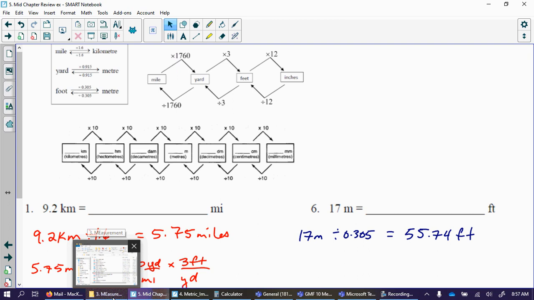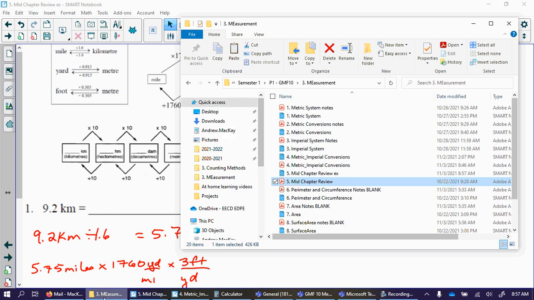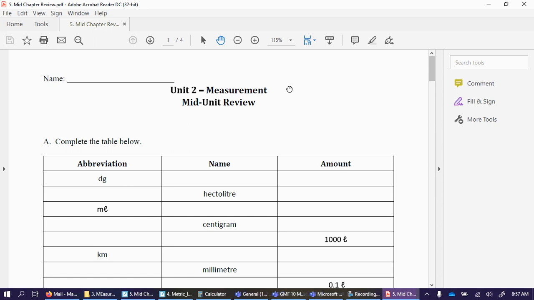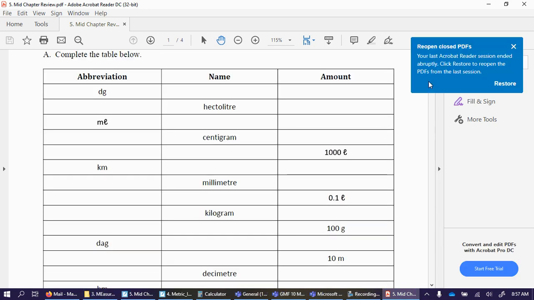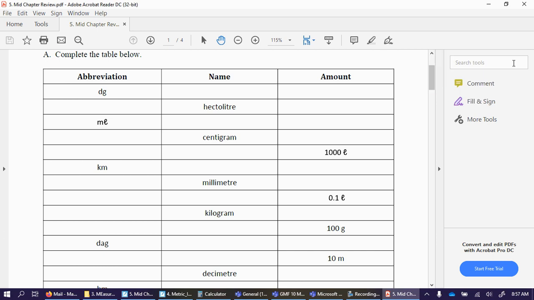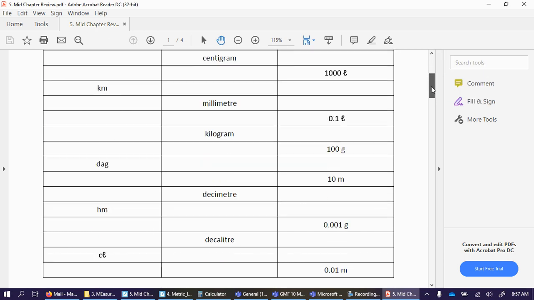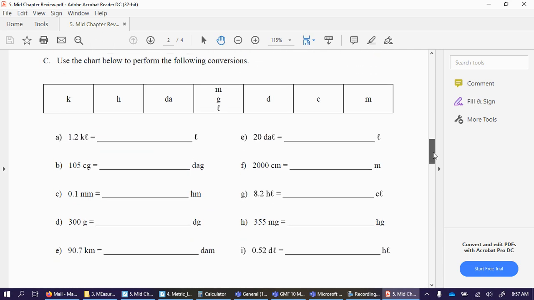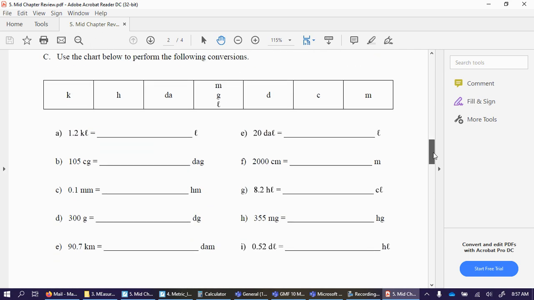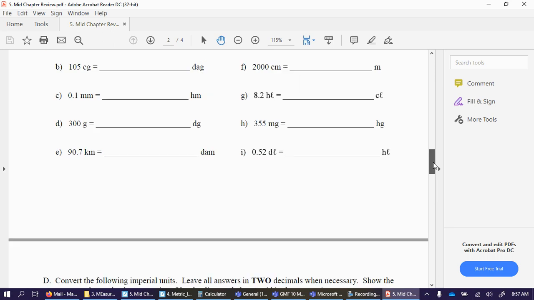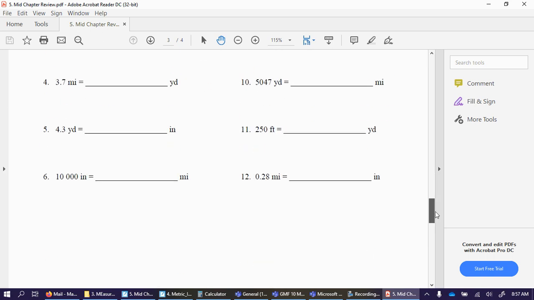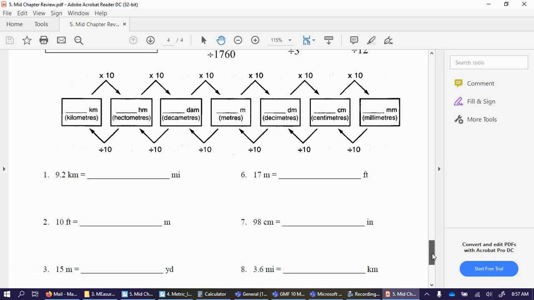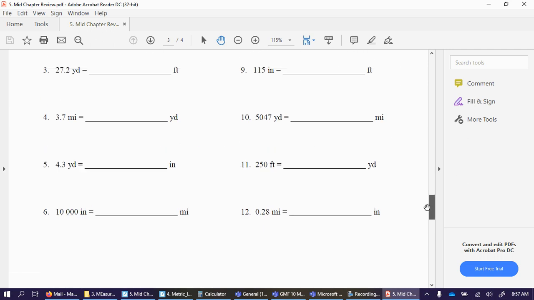So now let's see if I can open that up again. My Adobe is, oh, there we go. Now it seems to be working. We have a chart to fill in. How much you do today is up to you. If you're super confident and these don't take any time, you can get everything done.